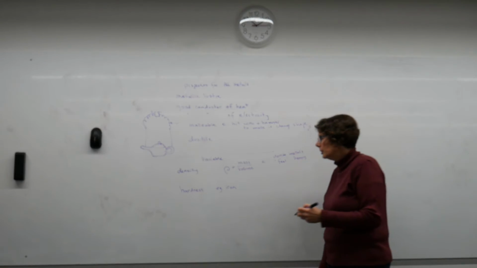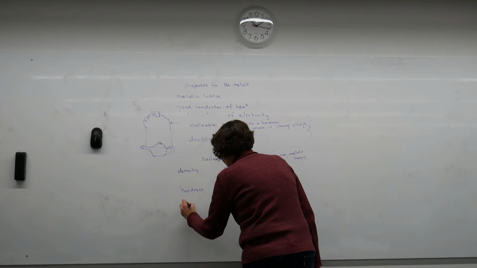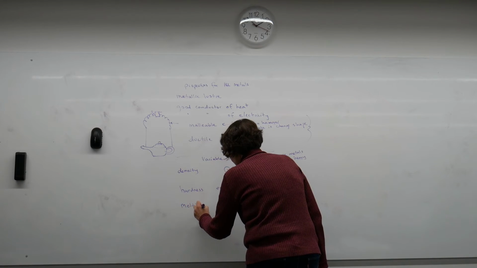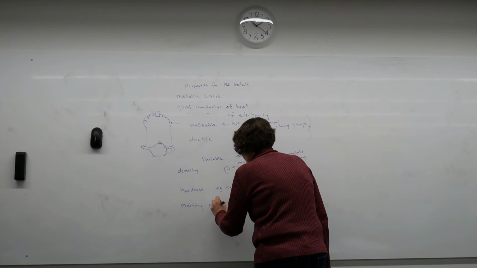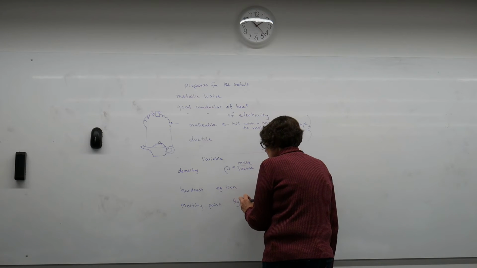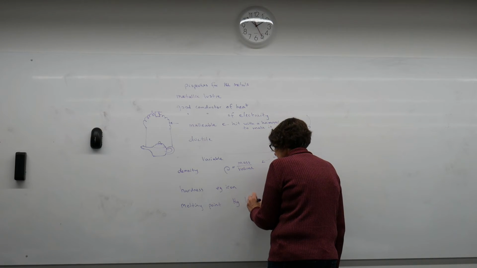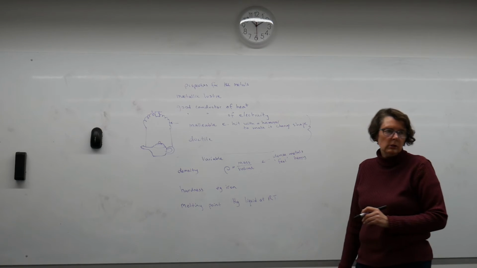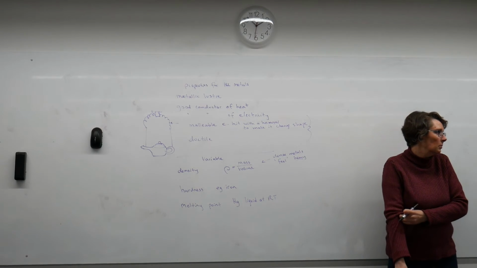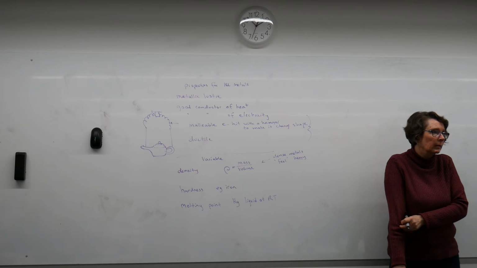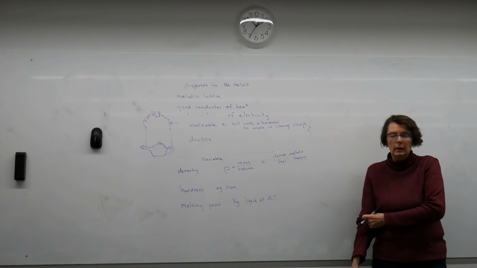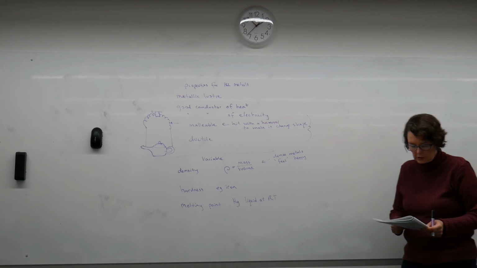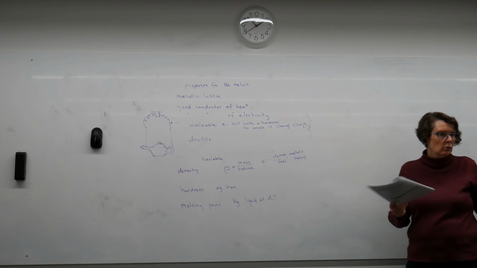The melting point, as we've already talked about, mercury is already a liquid at room temperature. There are only 2 liquids on the periodic table, mercury and bromine. And so mercury is the metal and bromine is the non-metal that are liquids under room conditions.